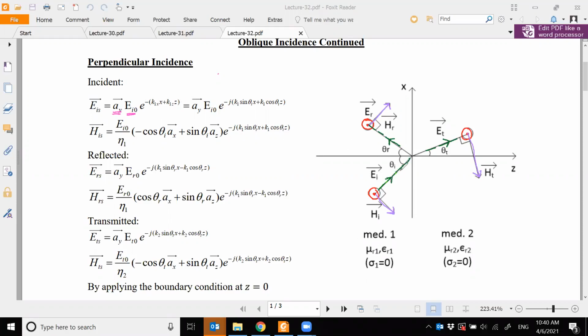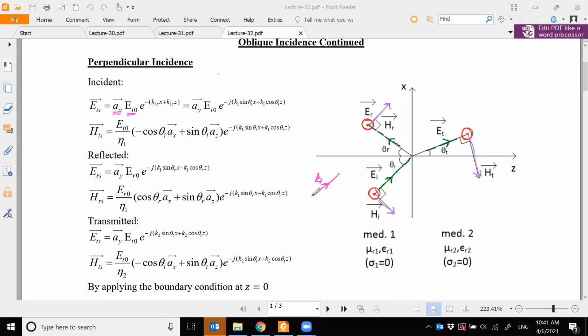So let me draw this here. This is my direction, and because it is medium 1, I'm calling it K1. Now I want to decompose it.